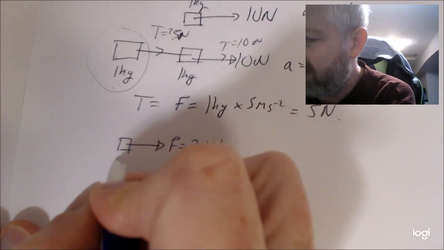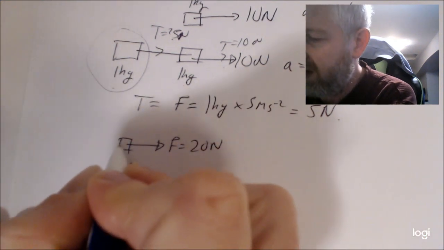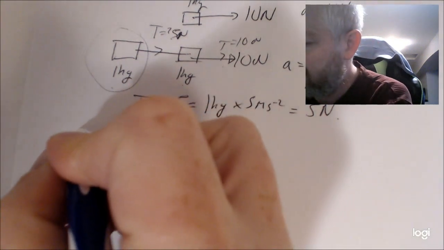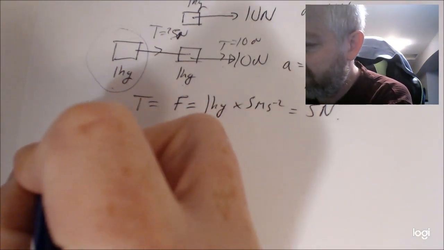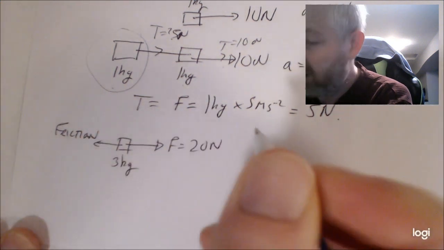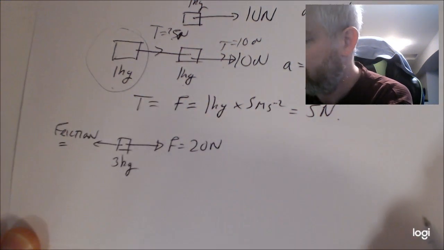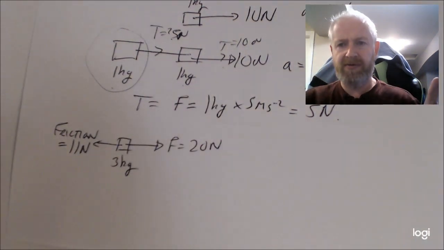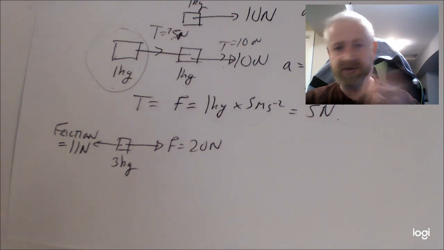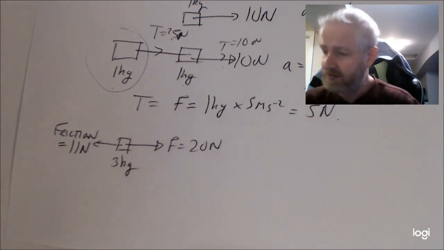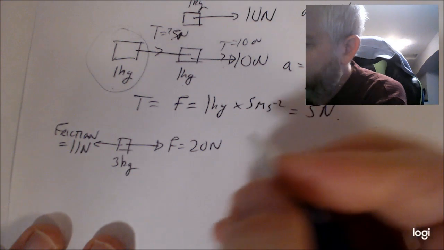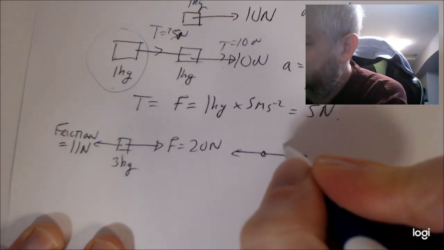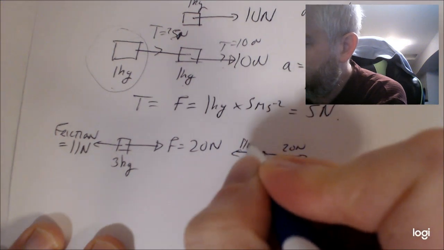We've got a mass of 3 kilograms, and this way I have a force which is equal to the friction, and that's given by, I'd say, 11 newtons. So what can we do with this? Let's look at it a little bit carefully. We've got a force this way and a force this way, 20 newtons and 11 newtons.